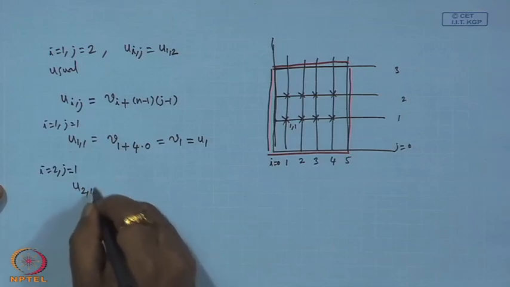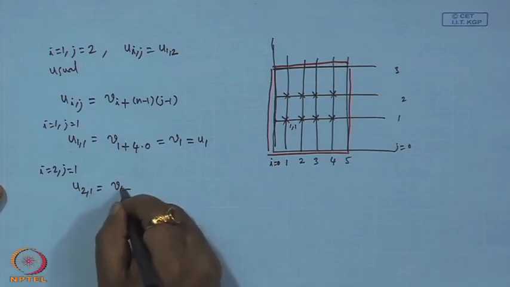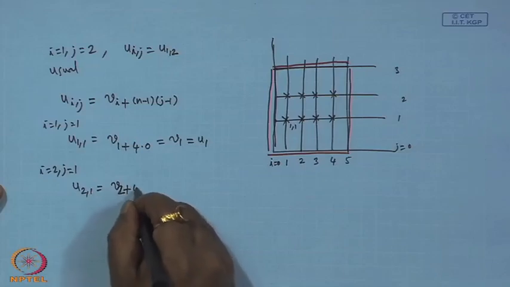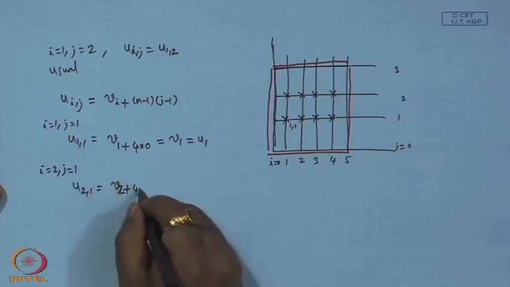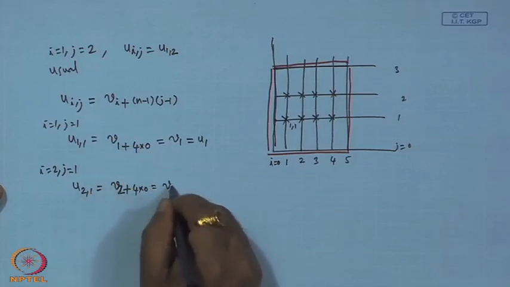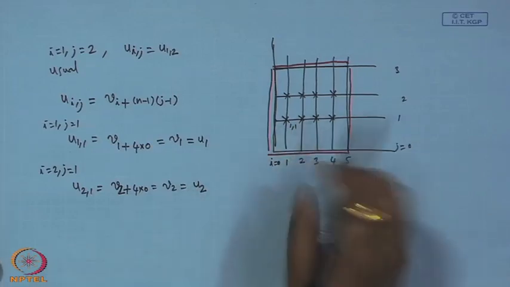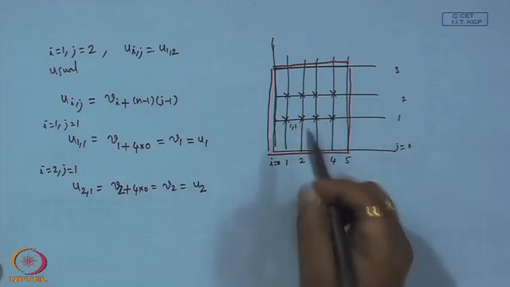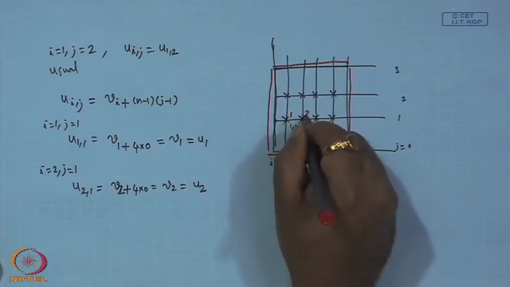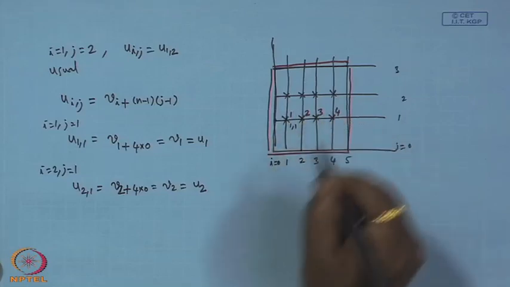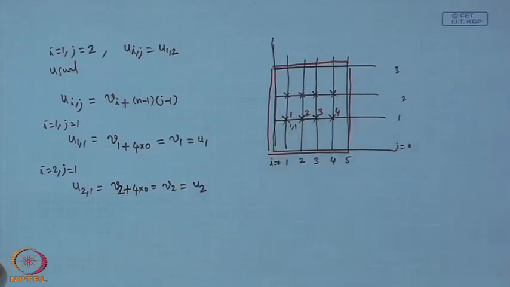So, u 2 1 will be v 2 plus 4 into 0. This can be u 2. So, we are heading like this: 1, 2, 3, 4.